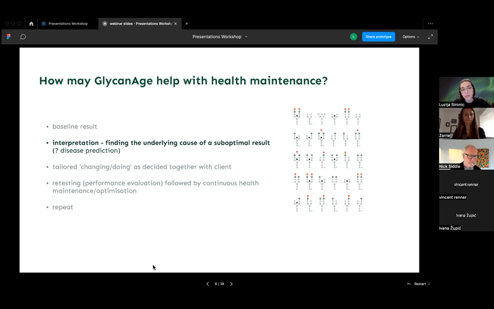We can also, in some cases, use those glycans as a helpful tool in disease prediction, but that may not always be the case.